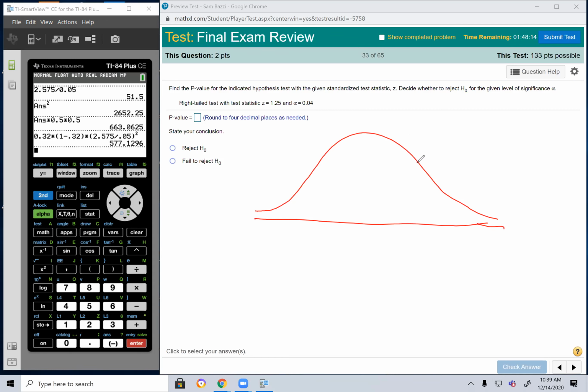So Z is 1.25. And as I explained to you, the p-value is an area to the left or to the right or in between. Since he says it's a right tail test, the p-value is the area to the right of 1.25. And to find this area, you need to do normal CDF.